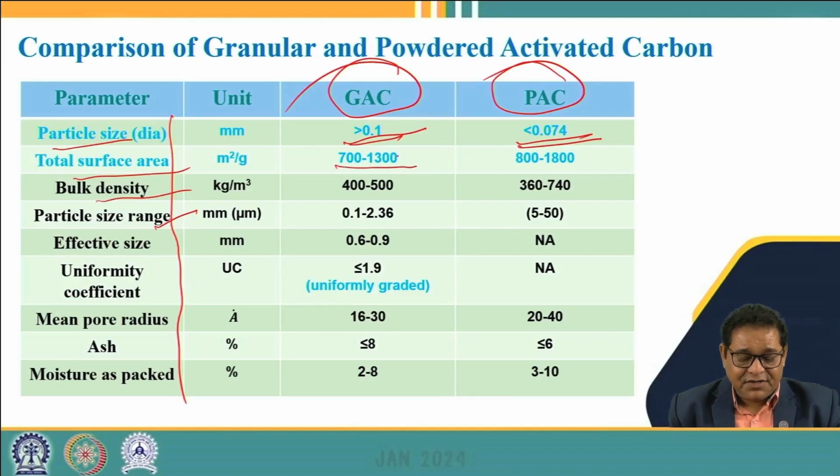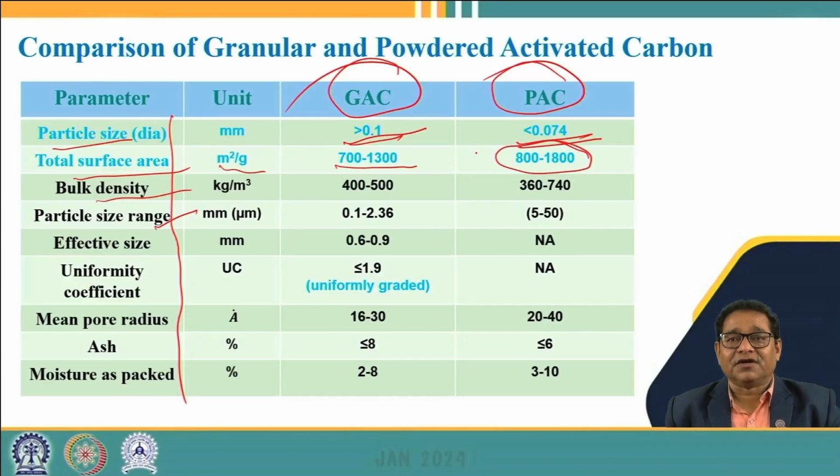Similarly, for the surface area, granular activated carbon has a very high surface area, that is 700 to 1300 meter square per gram, whereas in the case of powder activated carbon the surface area is much higher, that is 800 to 1800 meter square per gram.